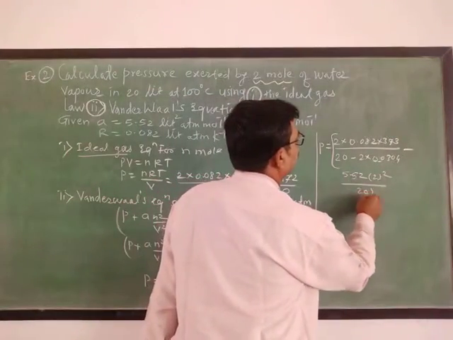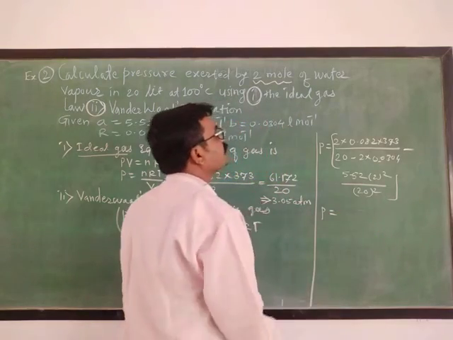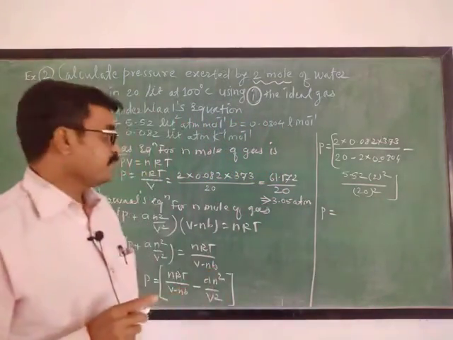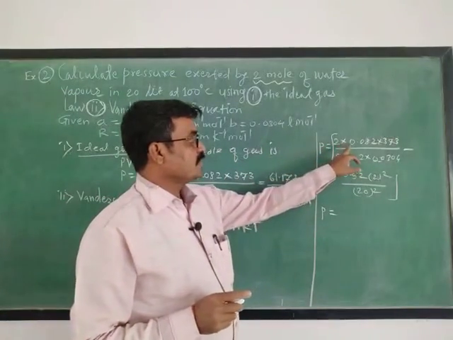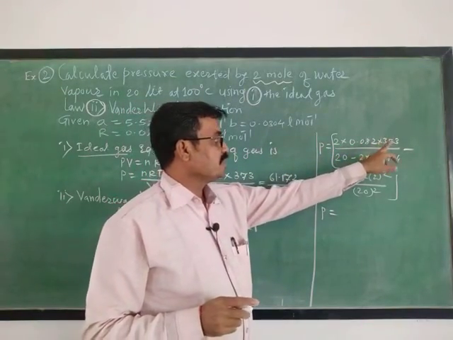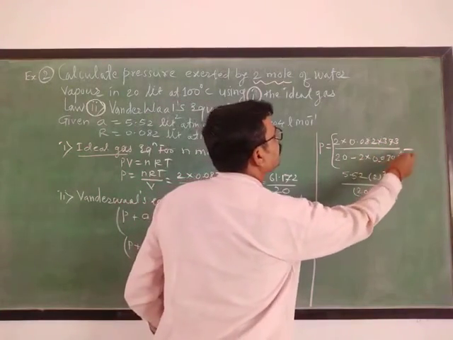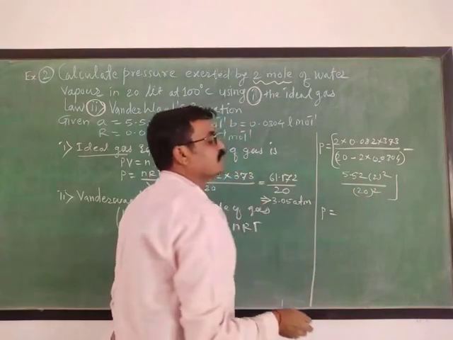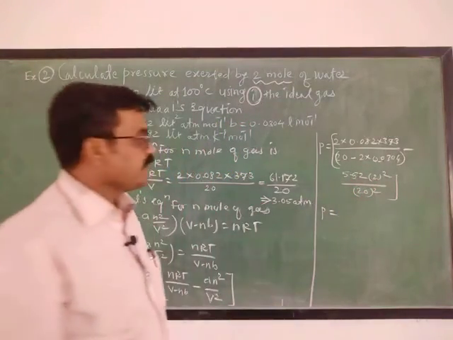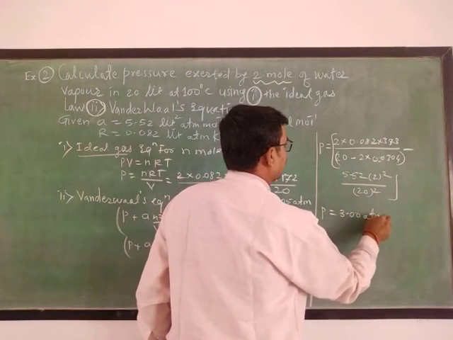Okay, if you calculate this using a calculator, 2 multiplied by 0.082 multiplied by 373 upon 20 minus the second term, then after solving this you will get a value of 3 atmosphere, 3.00 atmosphere.